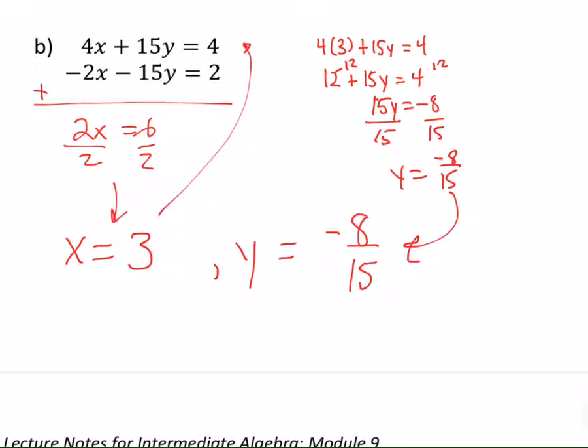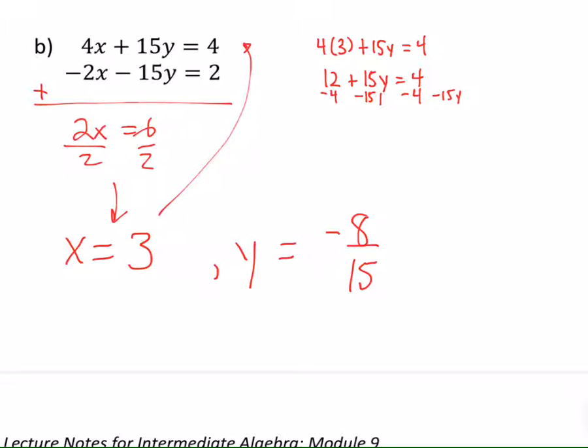Okay, so I'm guessing right here we're the same, right? So you're saying subtract 4 from both sides and subtract 15y from both sides. Yes. Notice the minus goes with that 15 because you're subtracting it. So you get 8 equals negative 15y.